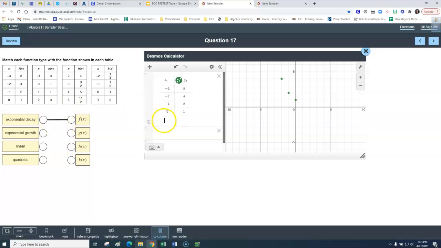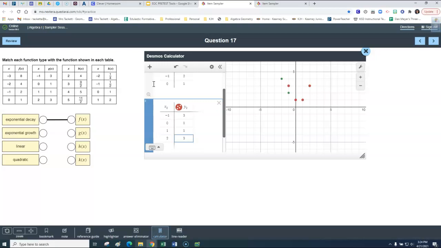So then the next one. Okay, so I'm actually going to go down here and do the exact same thing. We're going to go to the table, and this time we've got -1, 3, and then 0, 1, and then 1, 1, and then 2, 3.